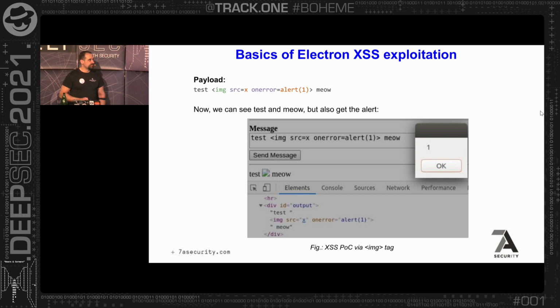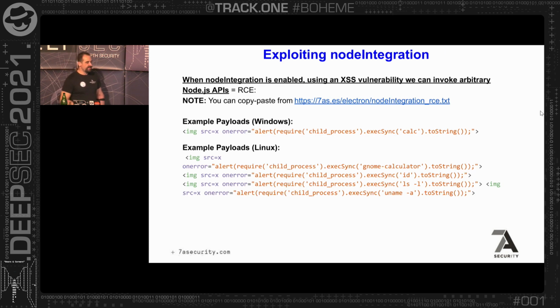Now it's time to get a little bit more serious and start getting code execution from here, right? I told you that node integration is bad. Node integration means that all the Node.js modules are available from the DOM, so we can load any Node.js module.